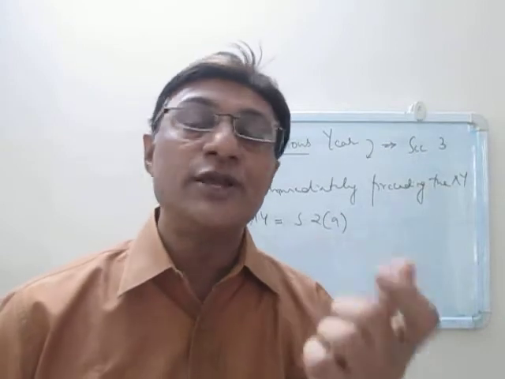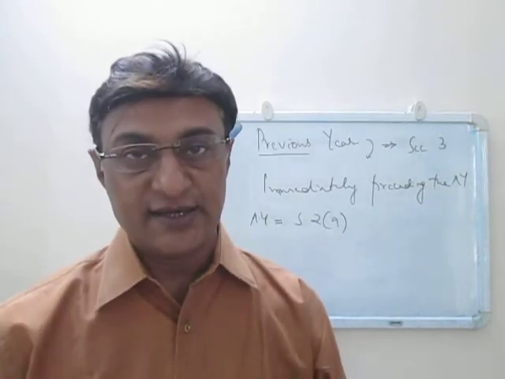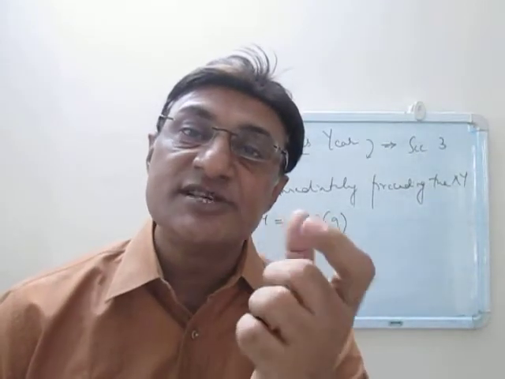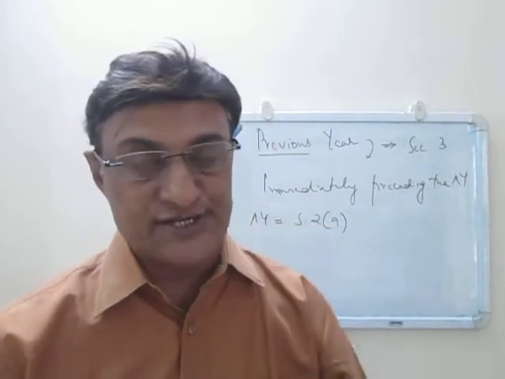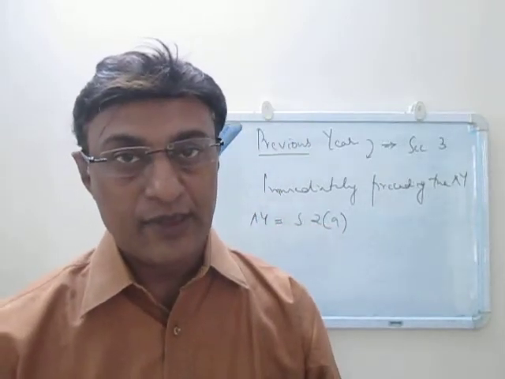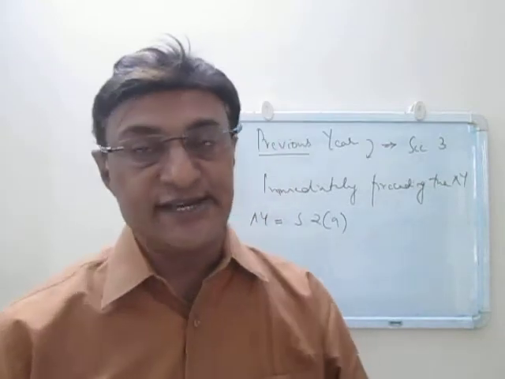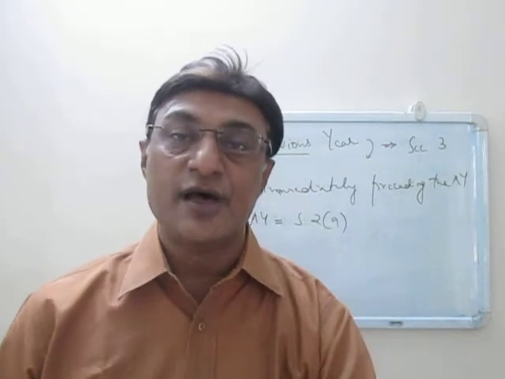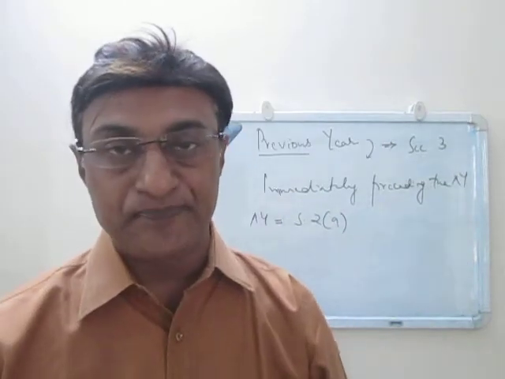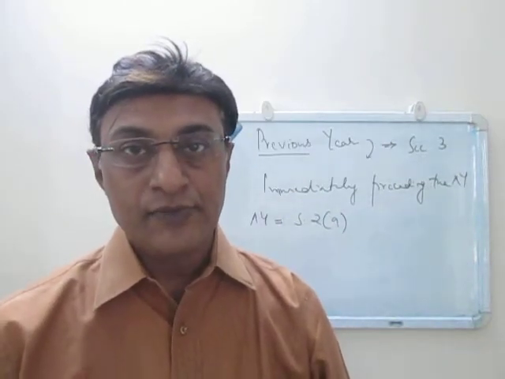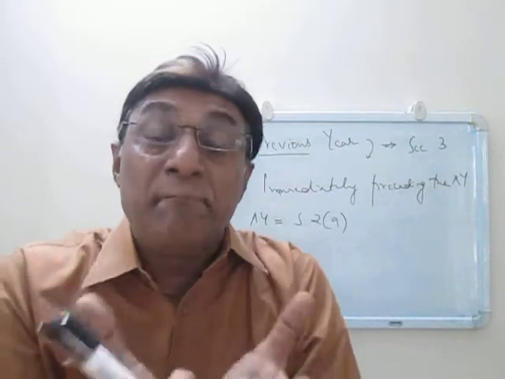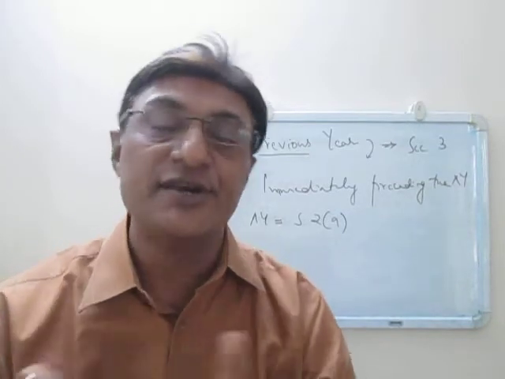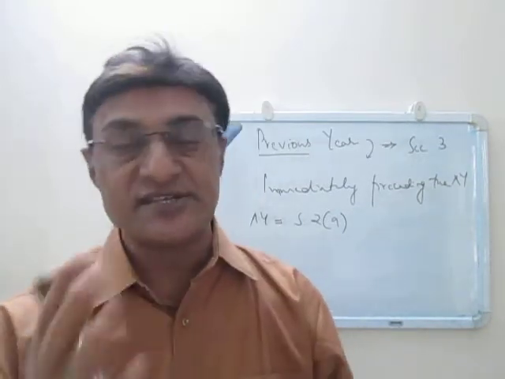If I say February 2020, February 2020 falls in the financial year 2019-2020. If I say June 2017, June 2017 falls in the financial year 2017-18. So here we are dealing with a twin pair of financial years. One is the previous year and one is the assessment year.